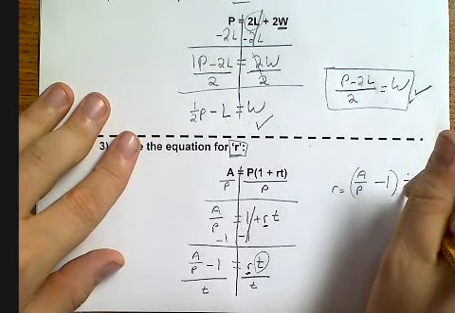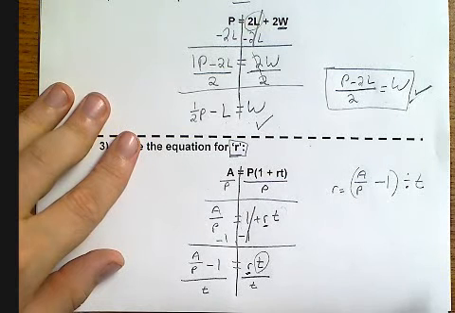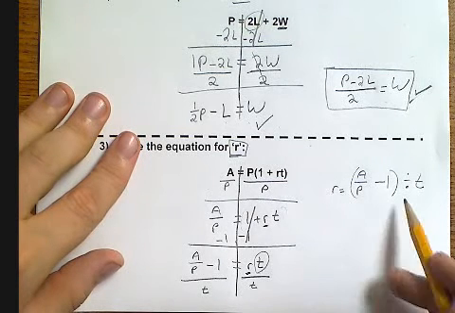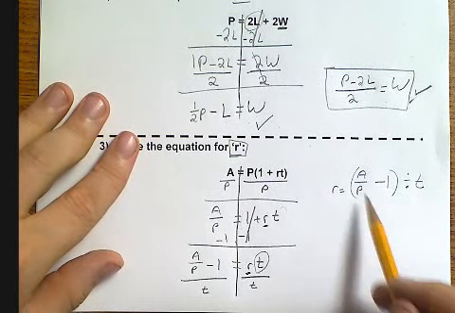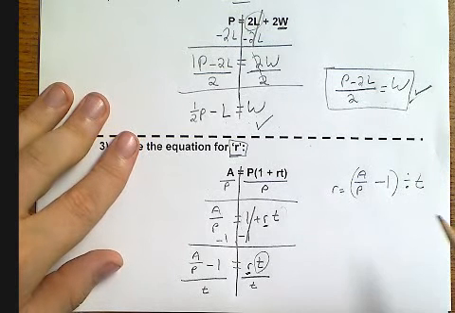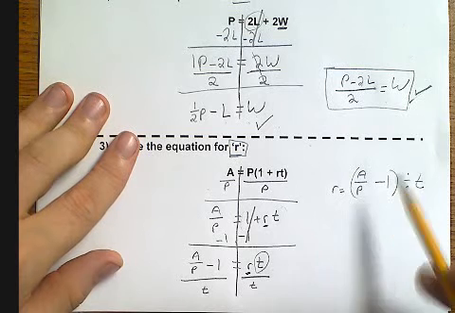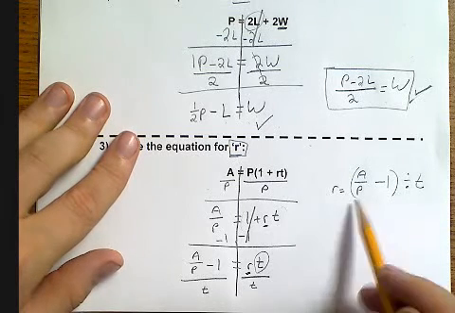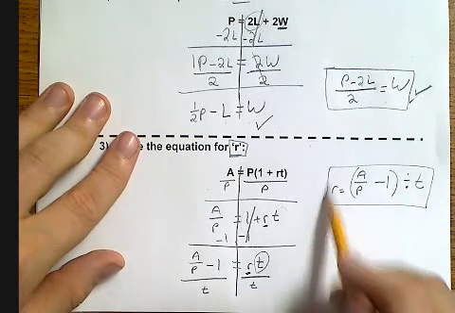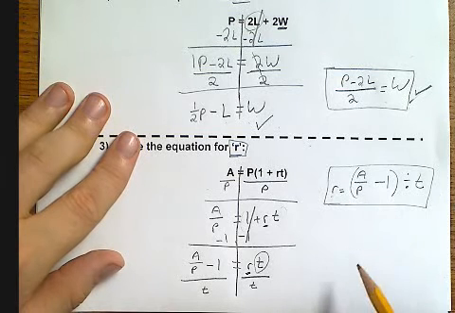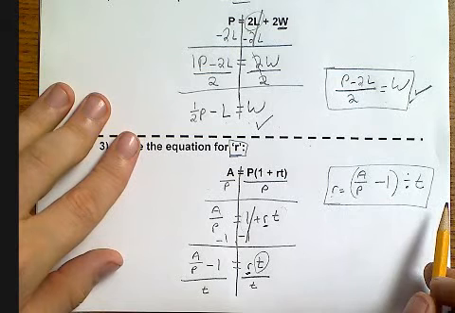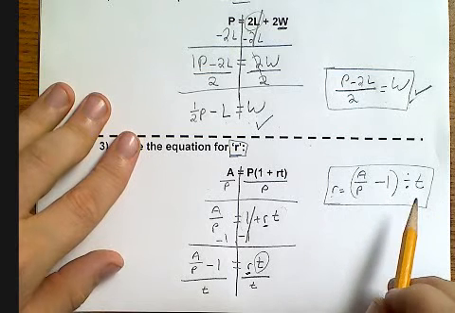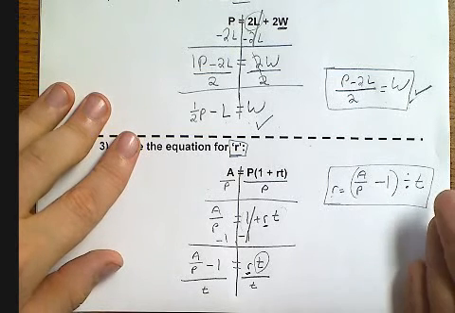And I know this doesn't look pretty, and we could in fact go through and clean this up just a little bit using some properties of division. However, I am just happy I've got an R by itself. I'm done. Even though it doesn't look as pretty as we would like it, it is still something that we can use to solve this equation.